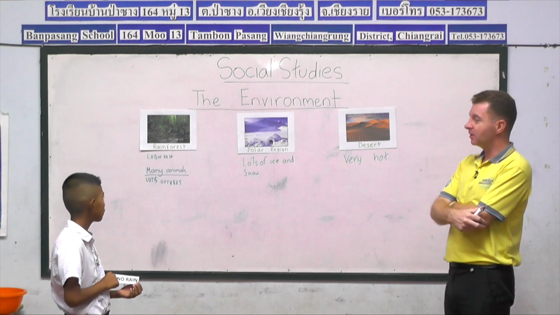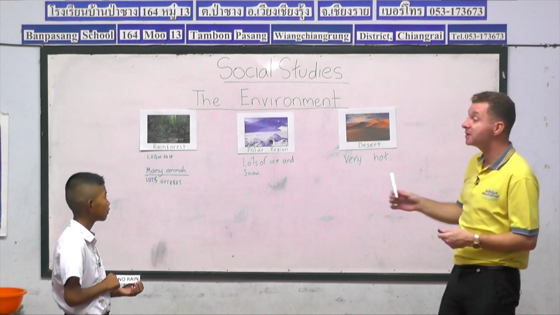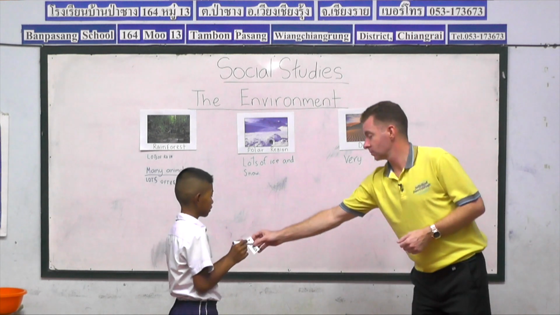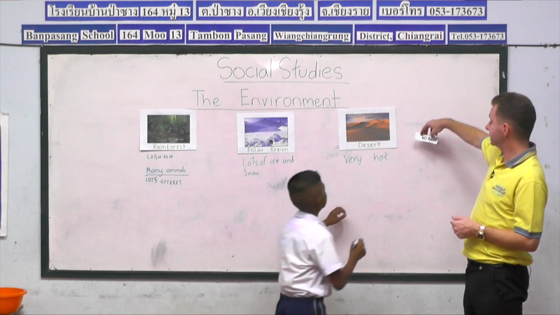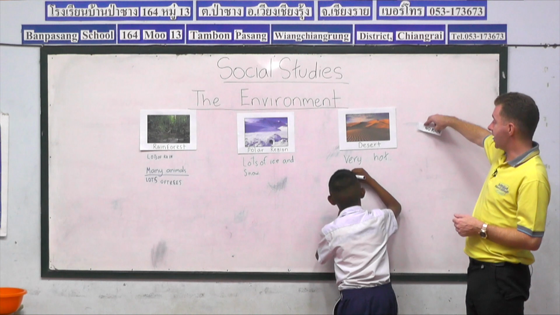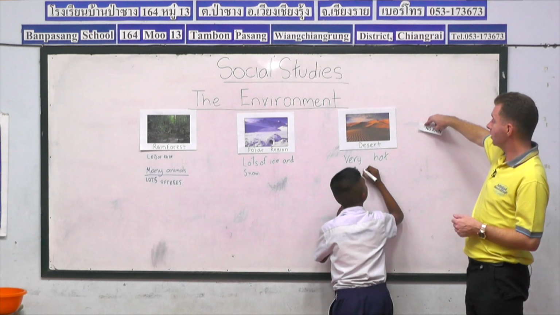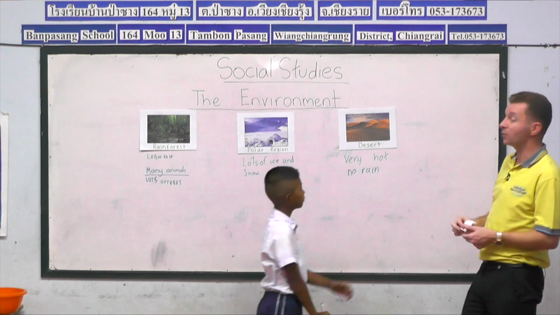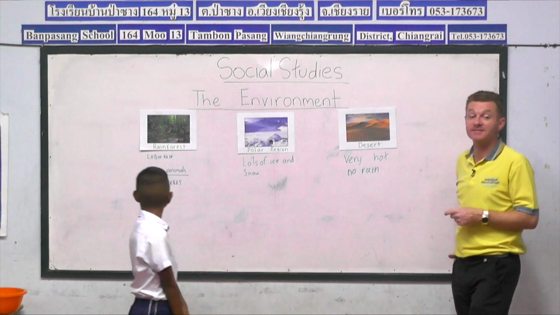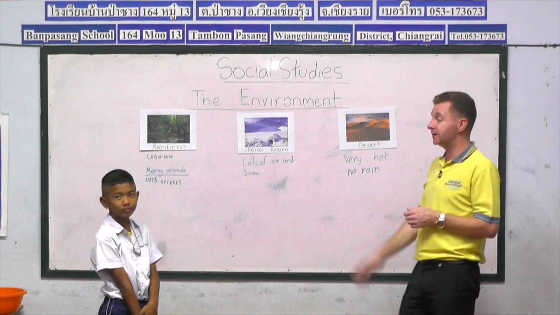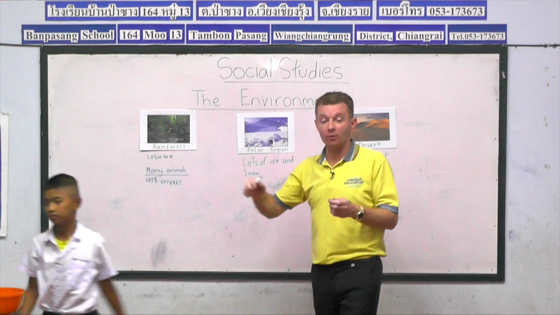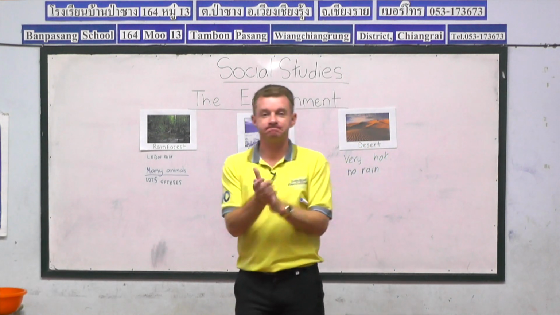No. So Pat, can you write the vocabulary no rain in the correct place? N-O R-A-I-N. Excellent. So we can say together, desert, no rain. Excellent, Pat. Very well done. Big round of applause for Pat, please, guys.